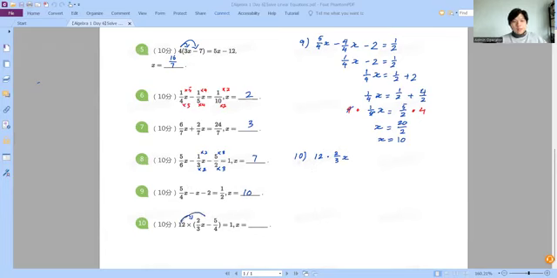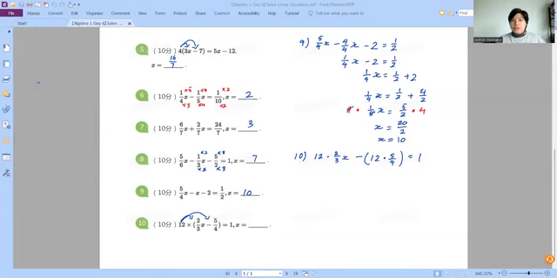And then 12 times minus 5 out of 4. I'm going to write this as minus 12 times 5 out of 4 equals to 1. As you can see, I'm multiplying 12 into each term in my parentheses.